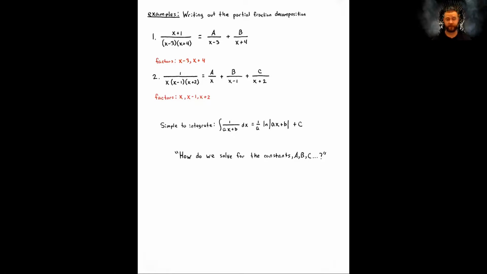What we're going to have to learn and deal with is how to solve for the constants involved, A, B, C, however many we need. Typical problems will involve usually 2 to 6 different unknowns to solve for. That's what we'll be getting to momentarily.